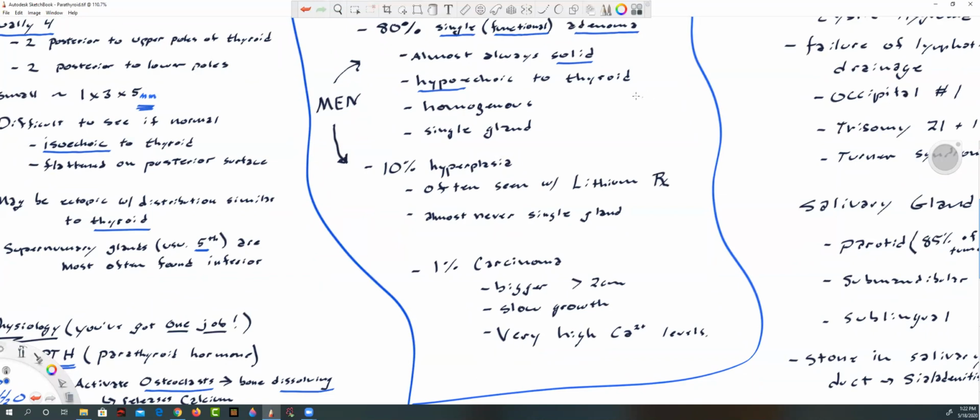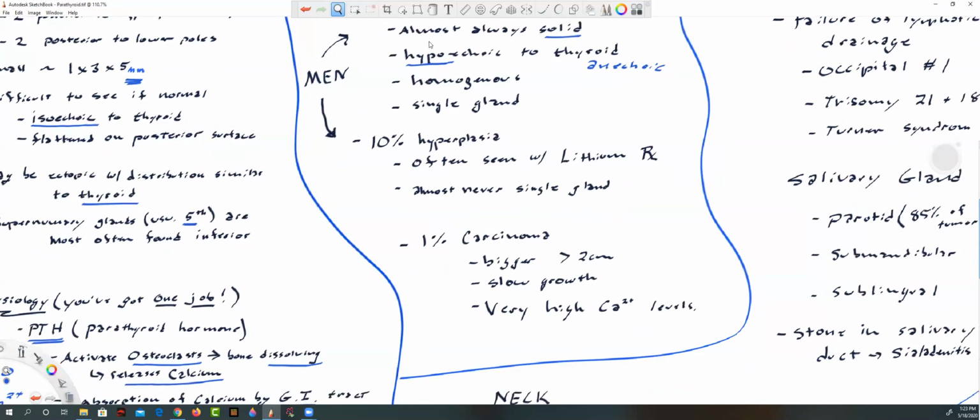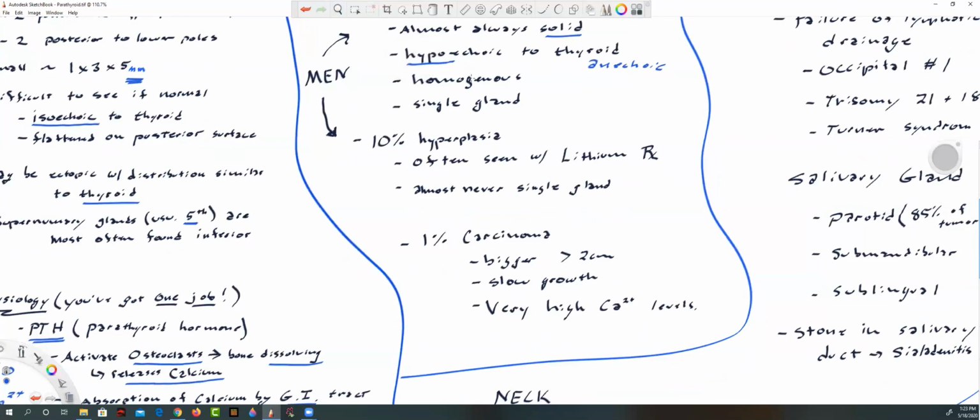So now suddenly we're seeing a very dark, sometimes even anechoic, nodule. You'll think it's a cyst, or a cross section of a blood vessel, but it is not. So we always have to double check our cysts. Adenomas are homogeneous, and like I already said, it's a single gland.